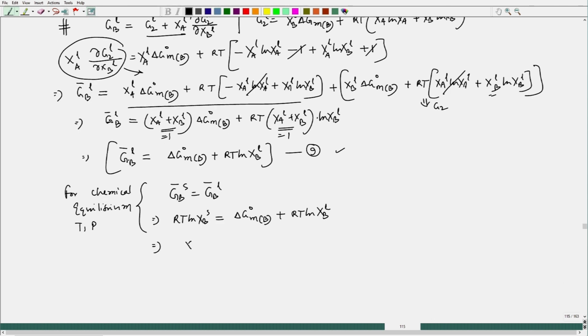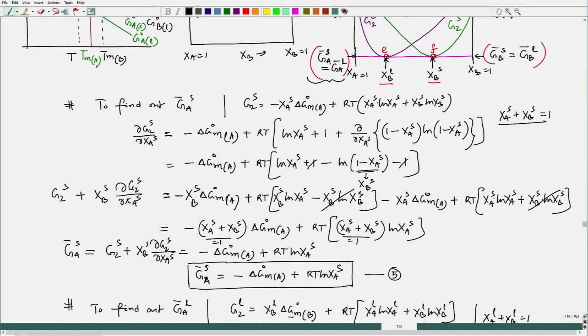So ln XBL over XBS would be equal to minus delta G naught M B divided by RT, or I can write XBL equal to XBS times exponential of minus delta G M B divided by RT. So we got one equation.